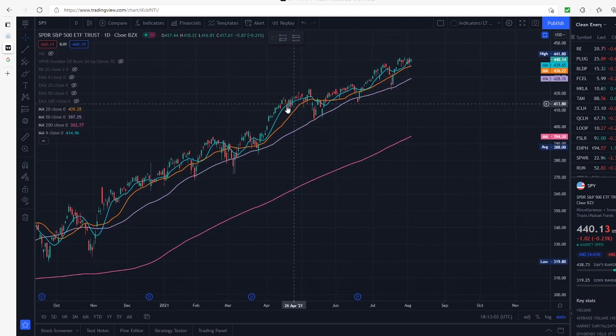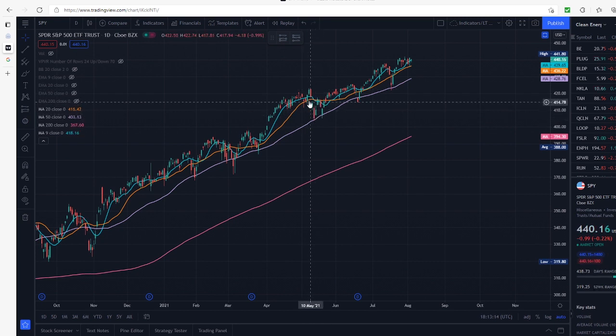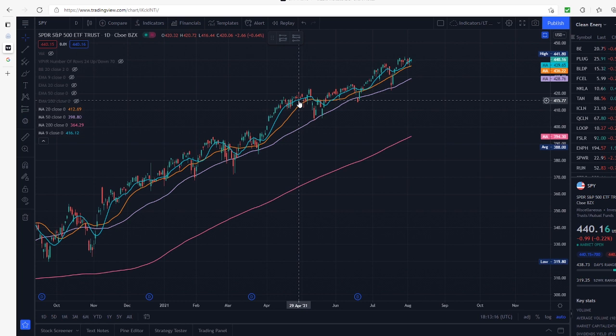The blue and the orange. It's frequently trading through it, below it, back above it, back below it, back above it. And that's because the 9 and the 20-day, which are the blue and orange that you see here, are more volatile because they are a shorter time frame and they have less data points.